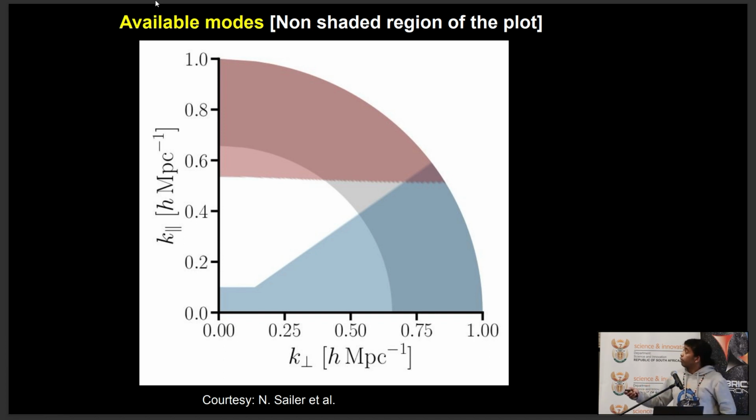We only have this non-shaded region, which are the available modes for our survey given the large volume. Hence, we need a very, very large volume to get more improvement.